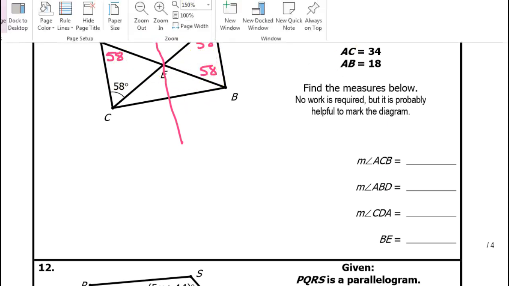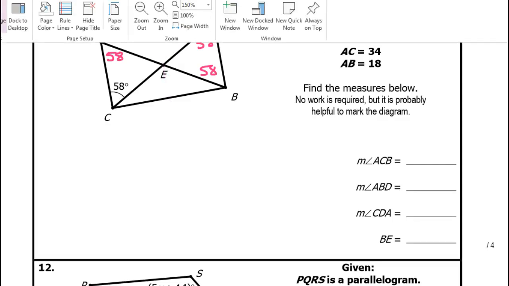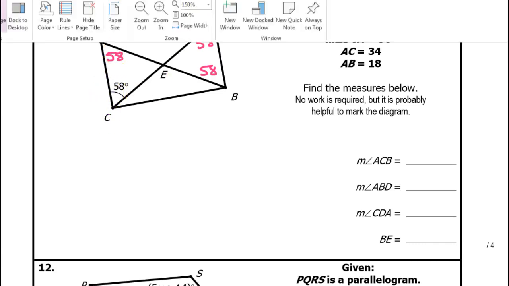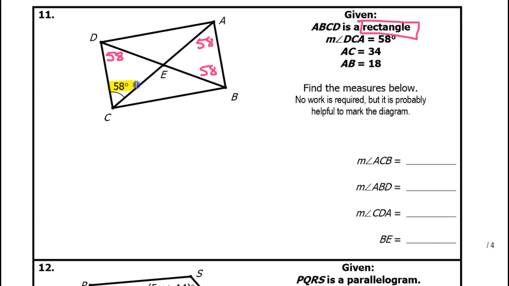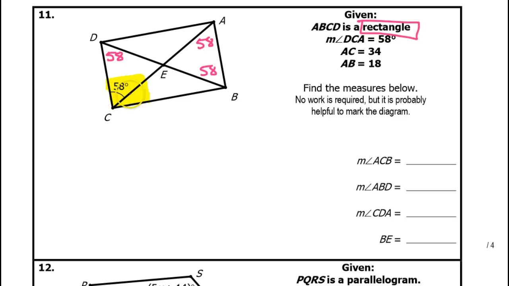Now I can get the rest of the angles using the other property of a rectangle, which is that each of these angles has to add up to 90 degrees. So for example, when I look at this angle right here, that I just colored in yellow, this has to be a 90-degree angle. And they have given me one part of the angle, so I should be able to find the other part by subtracting from 90.